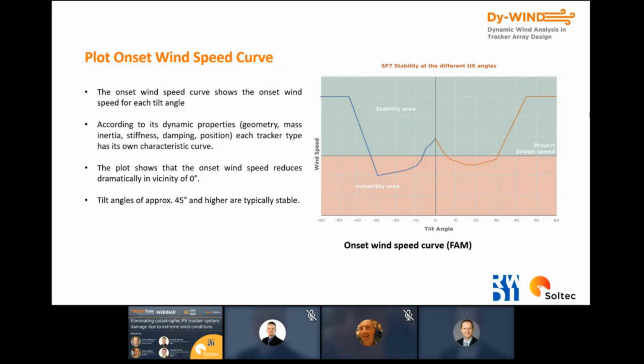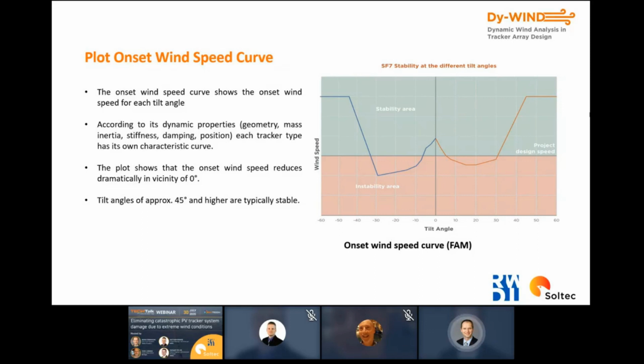In the diagram, we can also mark the site-specific design wind speed to distinguish between the stable and the unstable zone. In this example, you can see that this tracker is stable at 0 degree. However, for small changes in the tilt angle, for example, by only 5 degrees, it becomes already unstable, or it gets to the limit of the unstable zone.